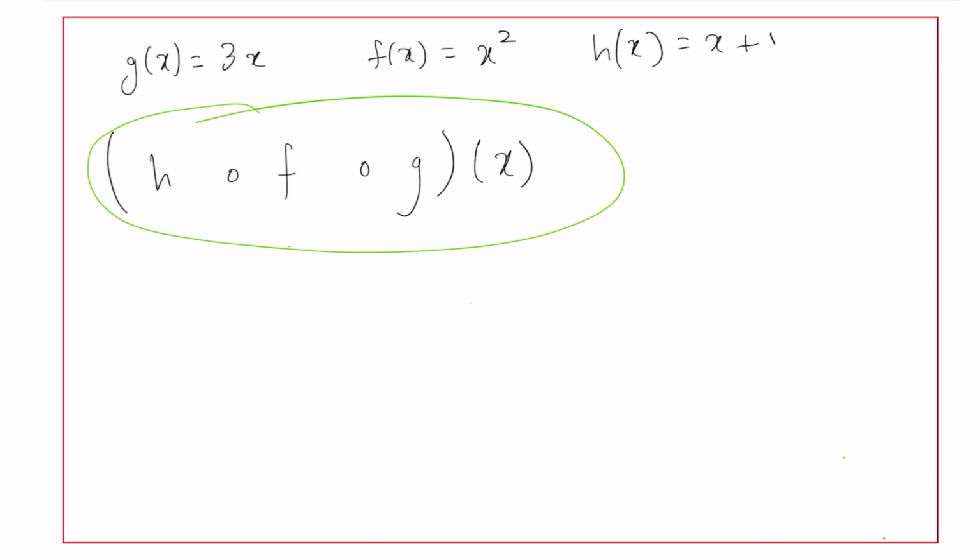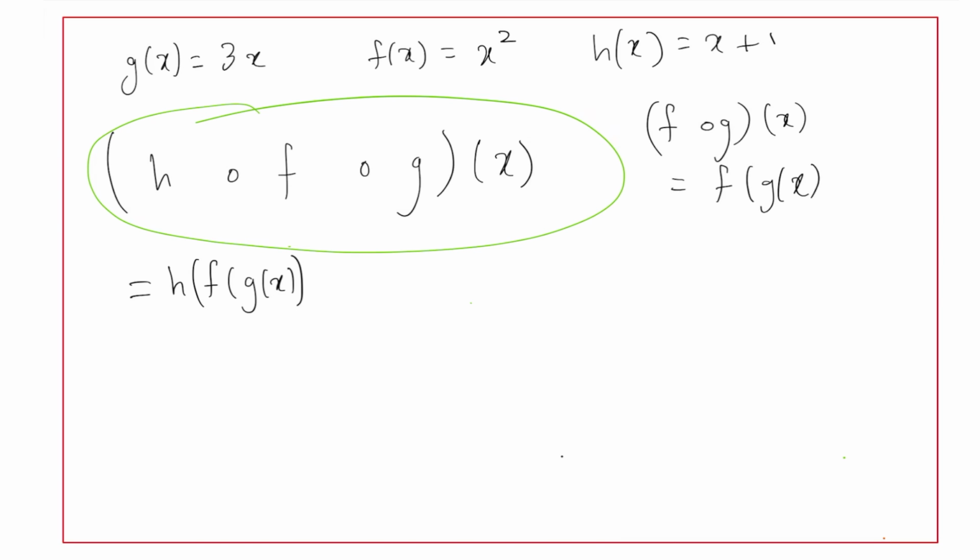So how can we rewrite this? h of f of g of x. Well, instead of two functions, which we're used to, we have three functions now that make up this composite function. So we should write h of f of g of x. Compared to when we had two functions, we used to write f of g of x.